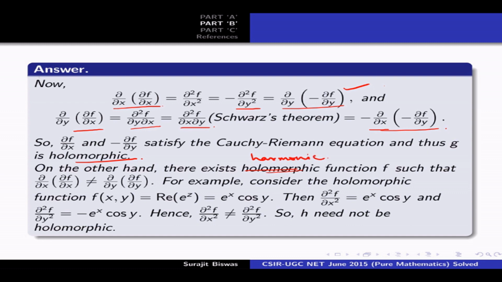So there exists a harmonic function f such that this condition does not hold. So for example, consider the whole harmonic function again.